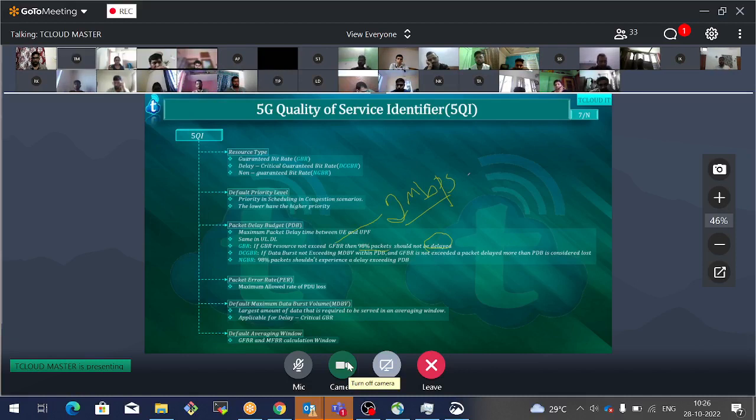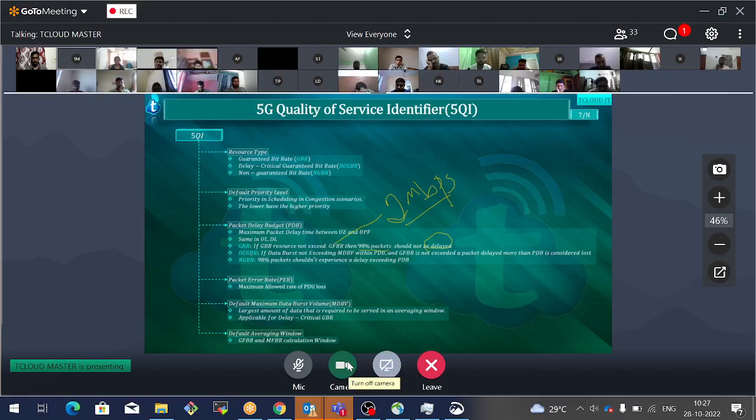There is leeway for only 2% of the packets to be delayed by the network, delayed by a small amount of time, allowed to cross the packet delay budget. Only 2% of the packets are allowed to cross that PDB limit. So whatever the guaranteed bitrate is, that must almost all be served within the PDB limit. That's the point here.